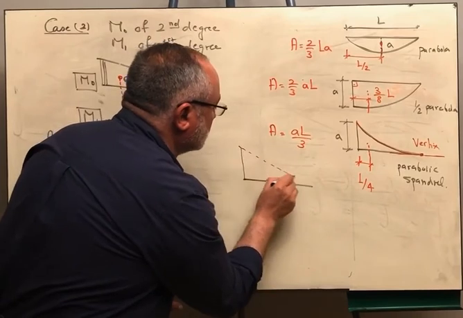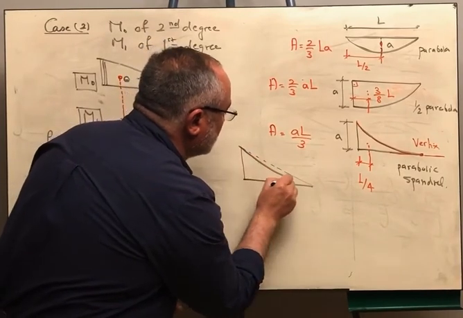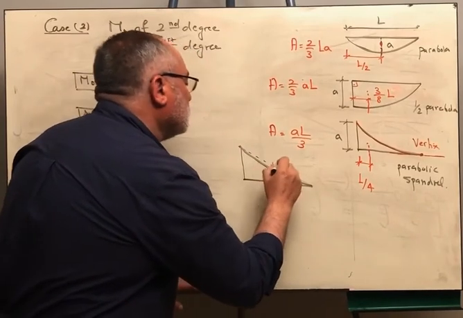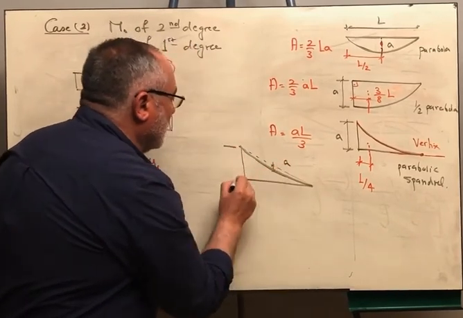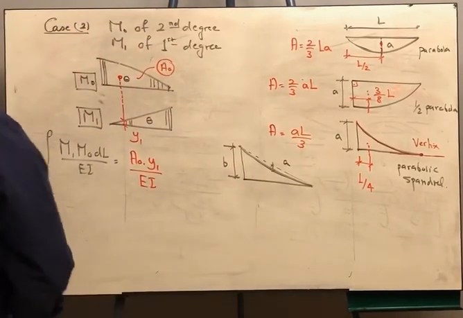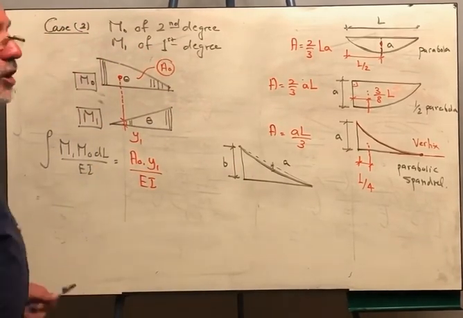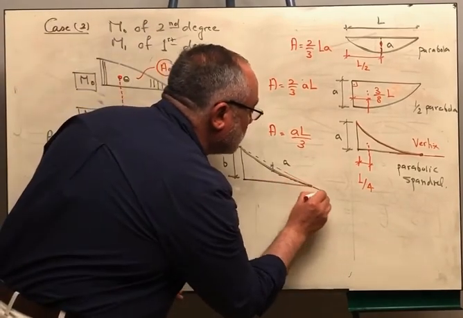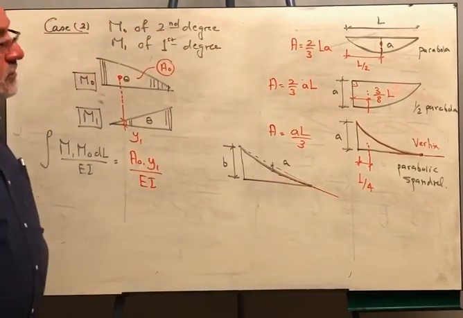Take care that if I gave you, for example, one of the bending moment diagrams looking like this, and I told you that there is a parabola here, and its value, for example, is A, and the magnitude of this diagram is B. We notice that this is not a parabolic spandrel because the tangent of the parabola is not horizontal.